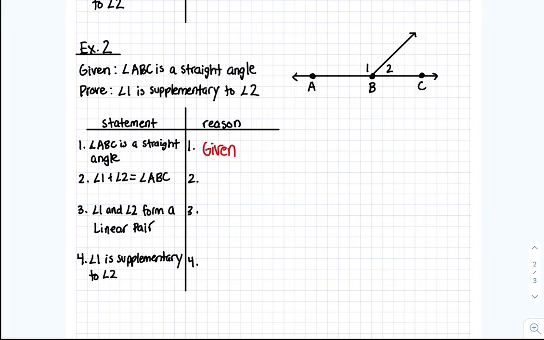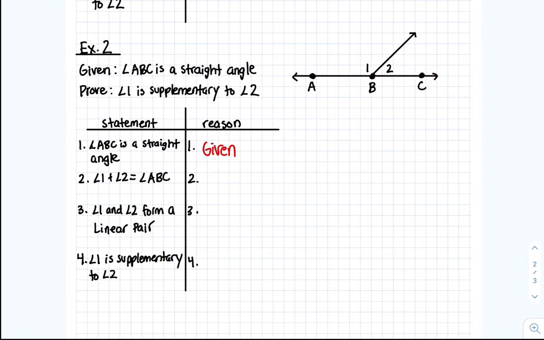Okay, so now this is where we have to think about it, right? Angle 1 plus angle 2 is equal to angle ABC. So this is angle ABC, and it's saying this angle plus this angle is the whole angle. Where have you guys heard that?